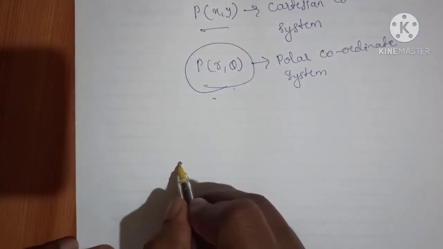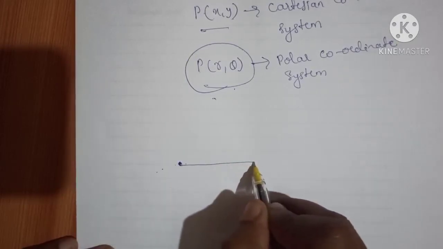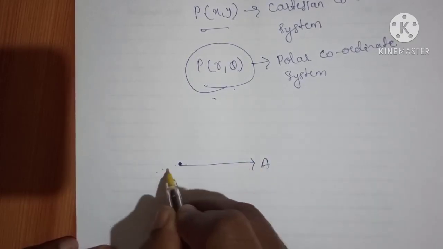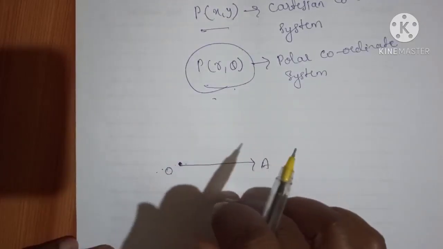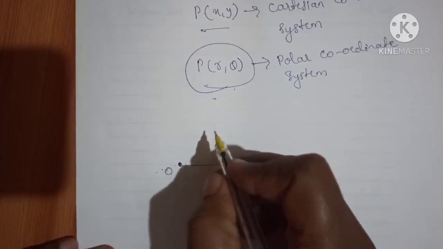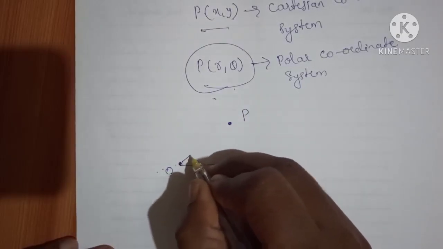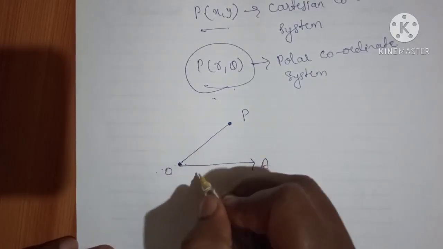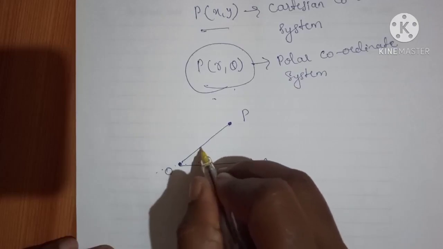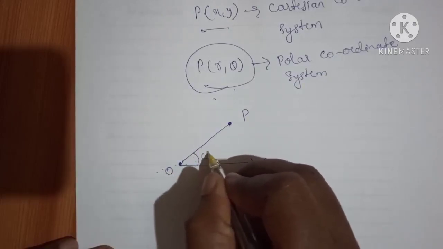Let O be a fixed point and OA be a fixed line. Next, consider any point on the plane containing this point O and the line OA. Let P be any point. Now join O and P, and the angle made by OP and OA is equal to theta.